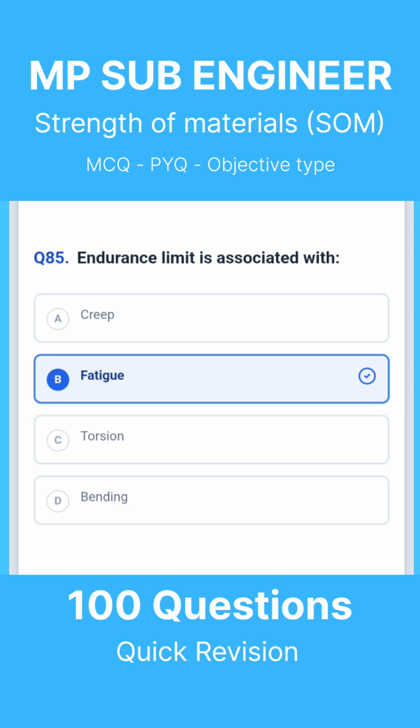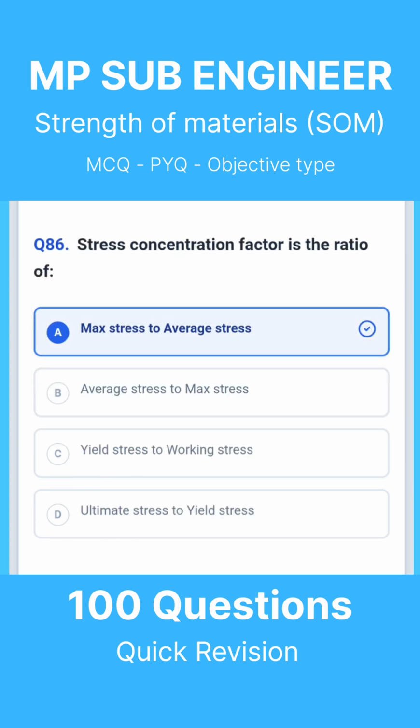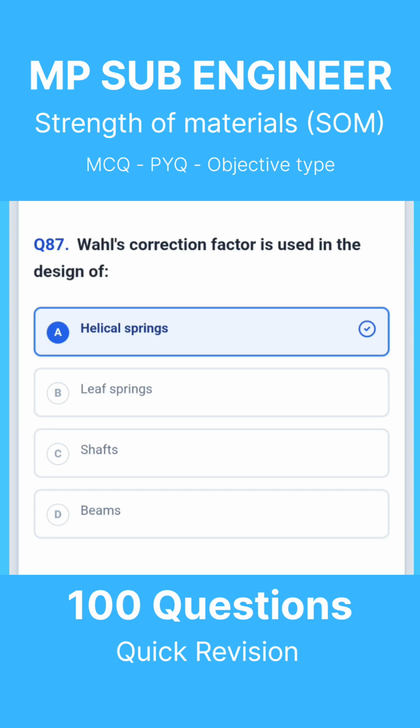The correct answer is fatigue. Question 86. Stress concentration factor is the ratio of. The correct answer is maximum stress to average stress. Question 87. Wahl's correction factor is used in the design of. The correct answer is helical springs.